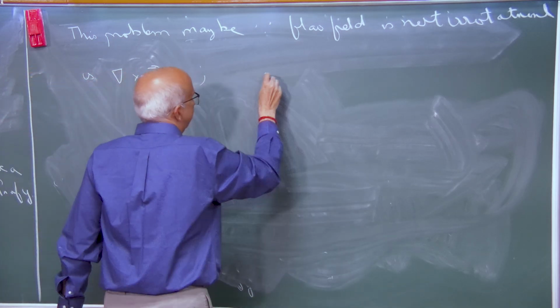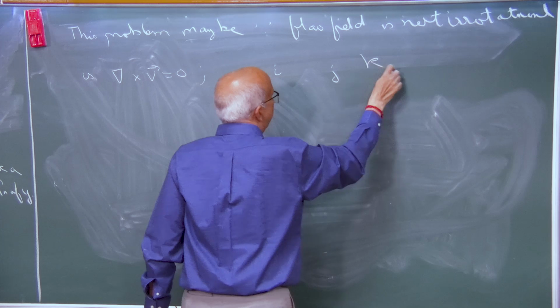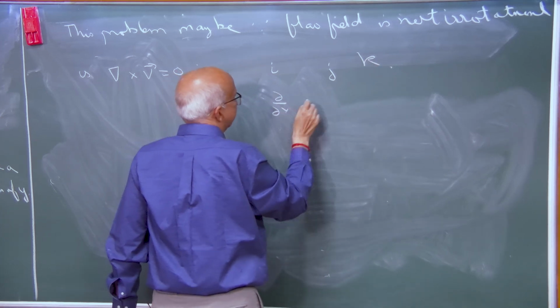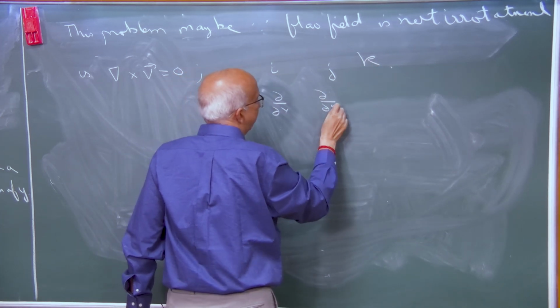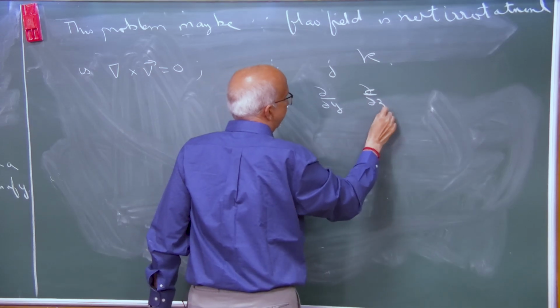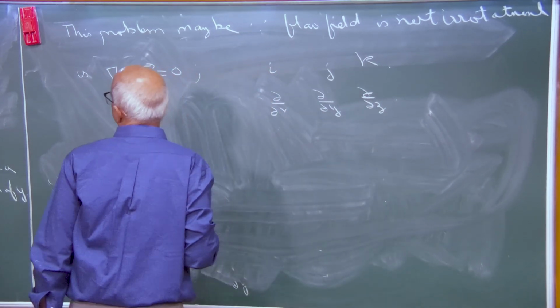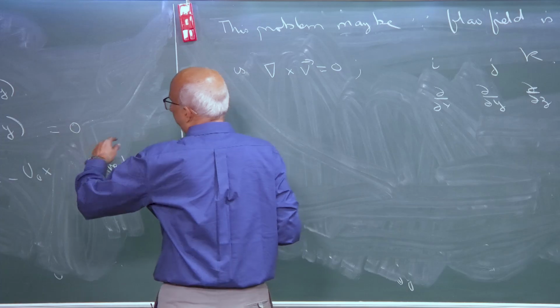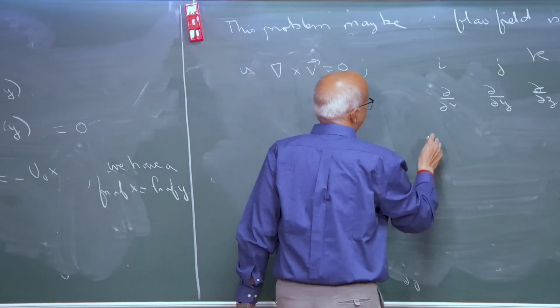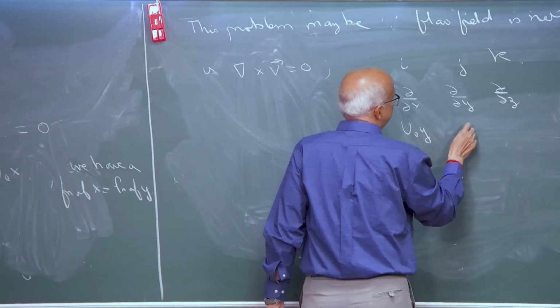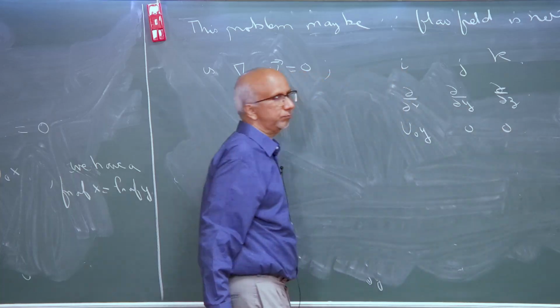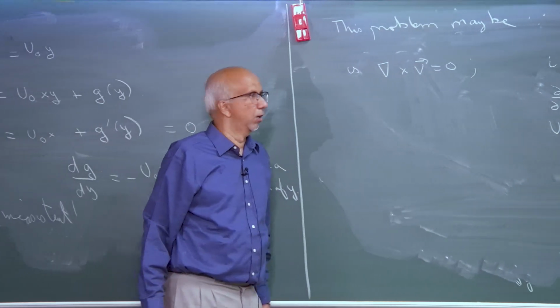So, you do that: i j k, d by dx d by dy d by dz, and you have the x component of velocity, right, which is u naught y, 0, 0. Okay.